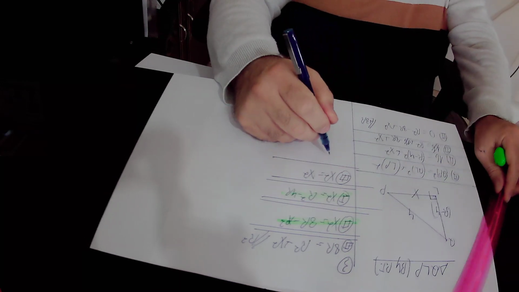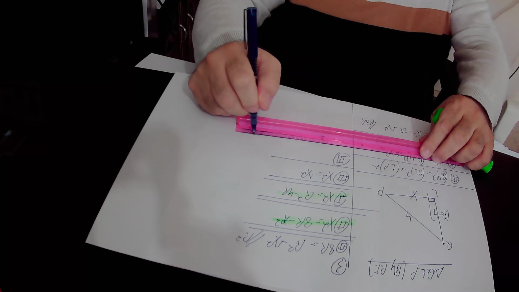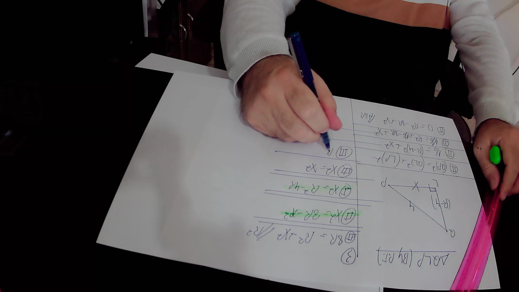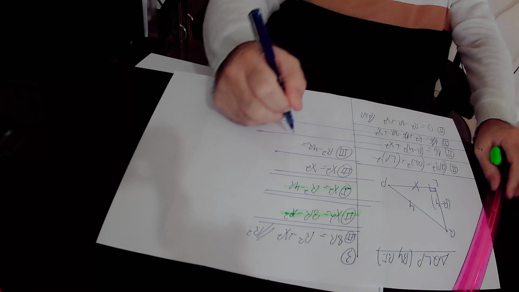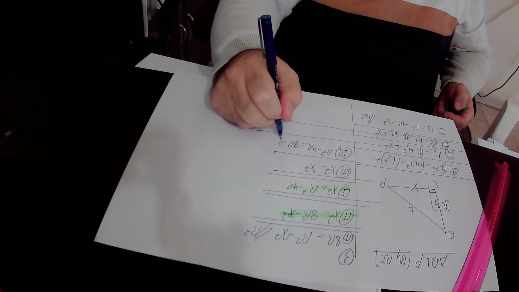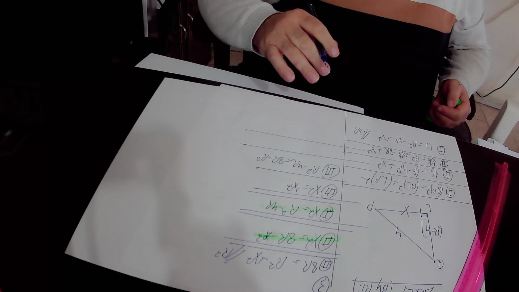So R squared minus 4R must be equal to 8R minus R squared.